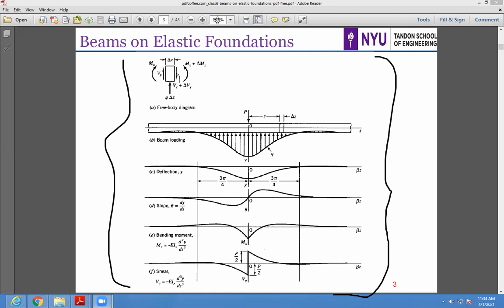Please draw these diagrams: deflection, slope, bending moment and shear. After finish, please inform.